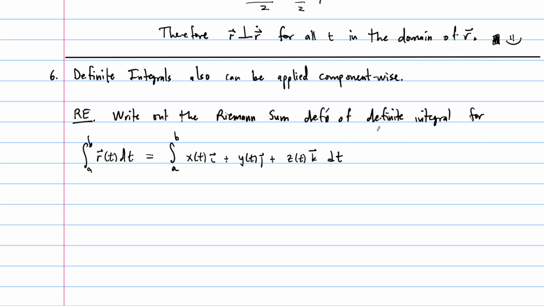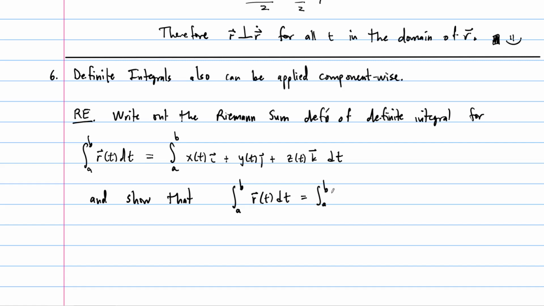Write out the Riemann sum definition for this and show that this must be true, right? So here's the key. This is how we're going to compute these. Show that this integral is going to distribute to each term, okay?